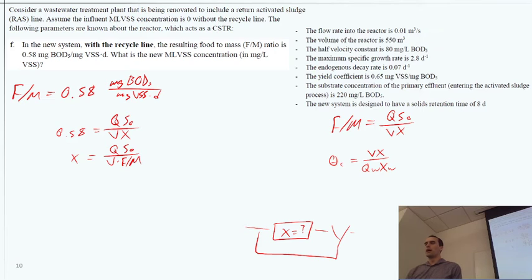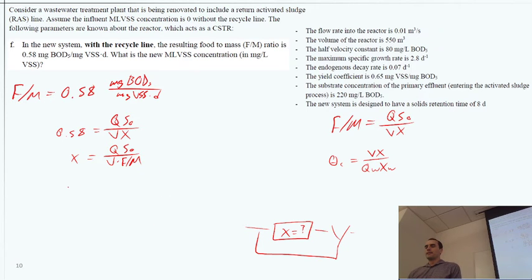And here's again why I told you earlier not to separate the F and the M, because you might be tempted to say, oh, I need to multiply by the M and divide by the food, right? That's not going to work out so well for you. I guess maybe there's a chance you could do that if you worked this properly, but just keep it as F/M.